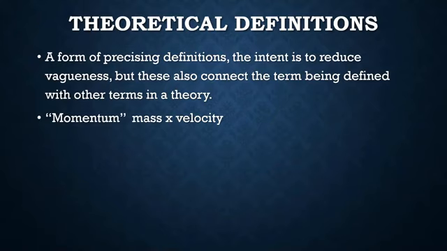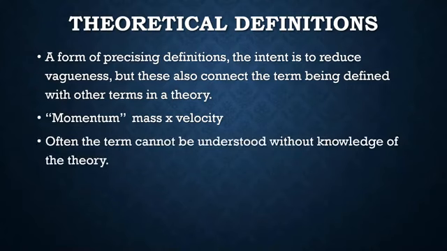Of course, you have to know the broader theoretical structure, so you have to know what a mass is, you have to know what velocity is, and often the term just can't be understood at all without that knowledge of the broader theory. Now, sometimes this is related to unobservables, things that we can't observe directly with our own senses, like electrons or quarks, and so we give theoretical definitions to those objects or things.